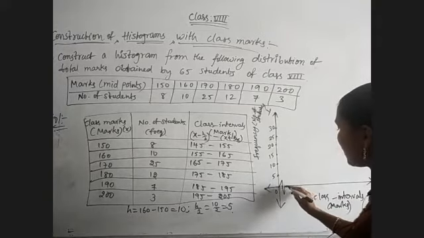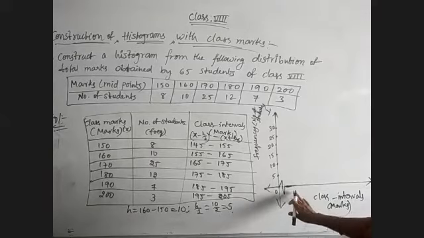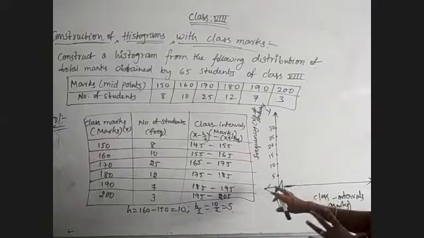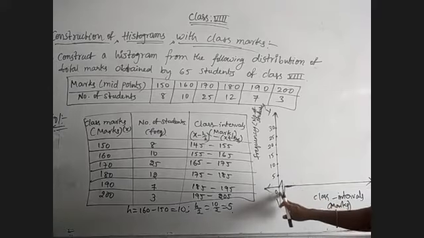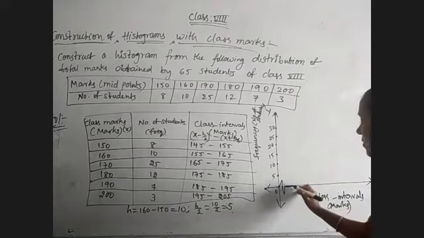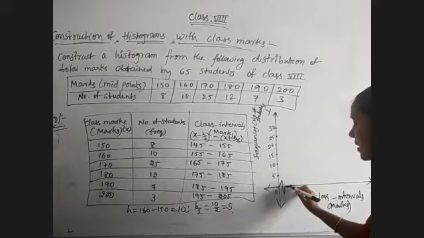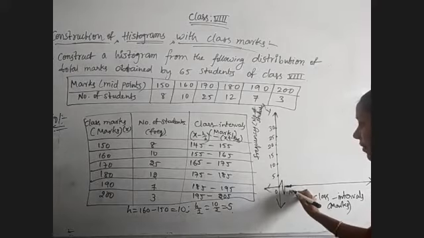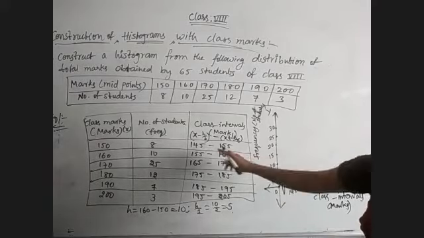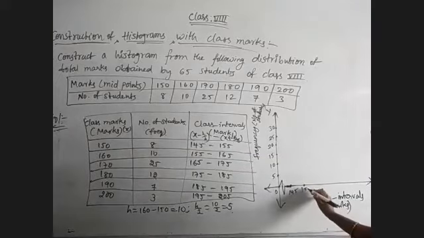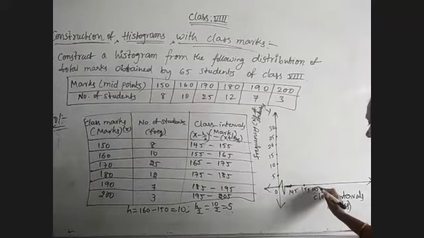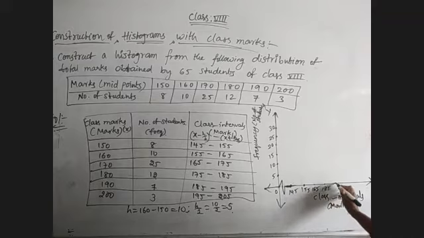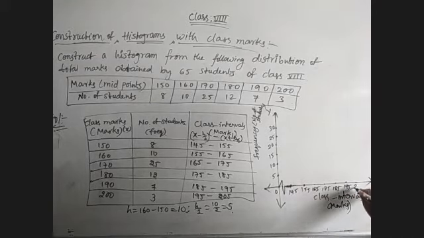This is continuing, and we are showing some part of that, not consecutive parts. That's why we mention it like this. So now, the first point I am using is 145 of the first interval. Next 155, 165, 175, 185, 195, 205.